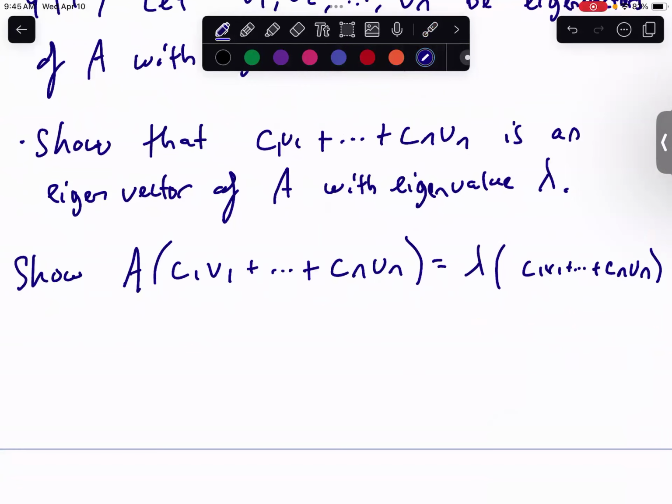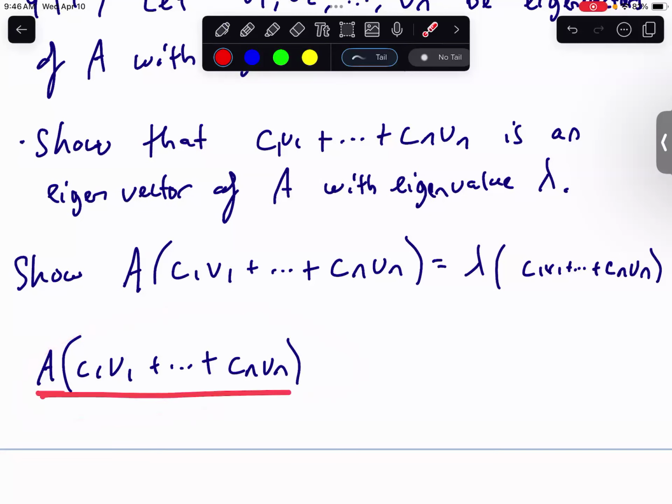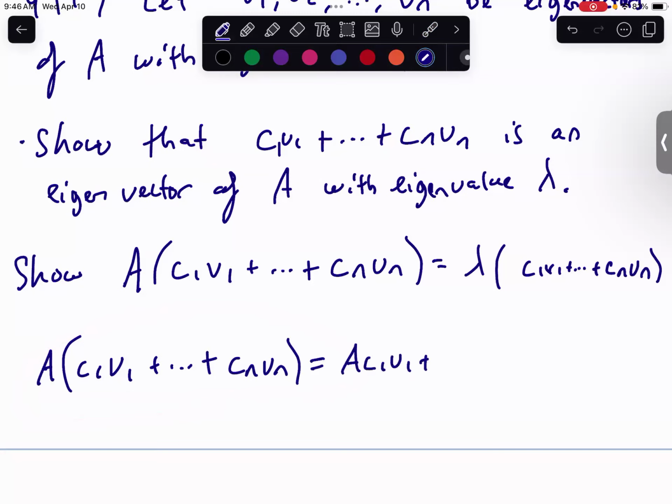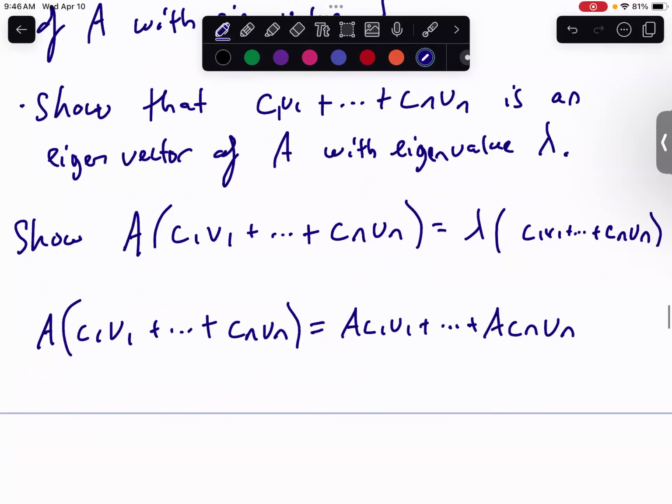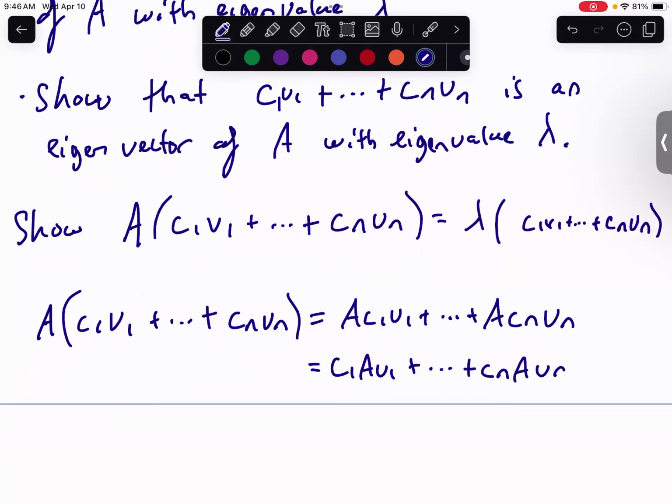And it's pretty straightforward if you just follow your nose. If we have this quantity, we can distribute the A to each term of our sum. So this is A C1 V1 all the way up until A Cn Vn. The Ci's are just scalars, so you can move them in front of the A. So this is C1 A V1 plus all the way to Cn A Vn.